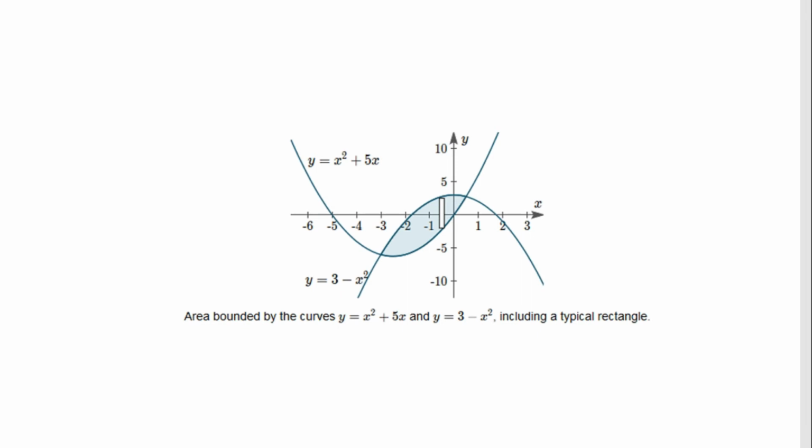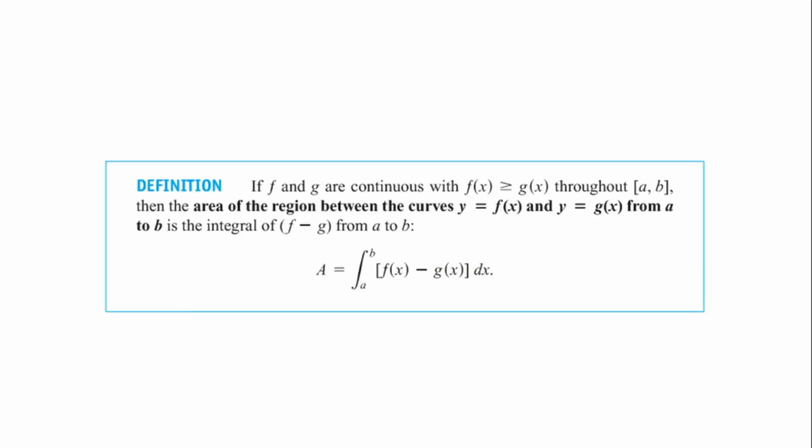Then what if I have this graph? What is the area of this graph if it is between two functions? They are y is equal to x squared plus 5x and y is equal to 3 minus x squared. We have a new formula for this.